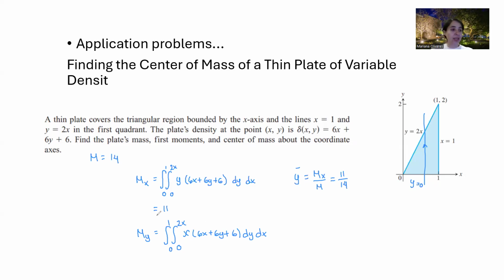If you solve this integral, beautiful people of this class, what you are getting as a result is a number 10, correct. So the x component has to be m of y divided by the total mass, so we're getting a 10/14. Okay? So the center of mass is going to be this x component and y component.